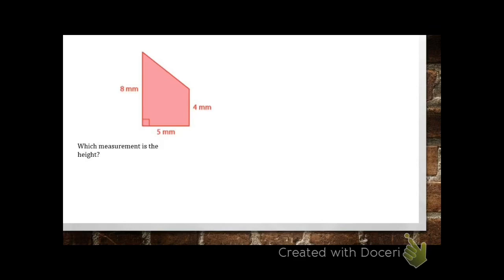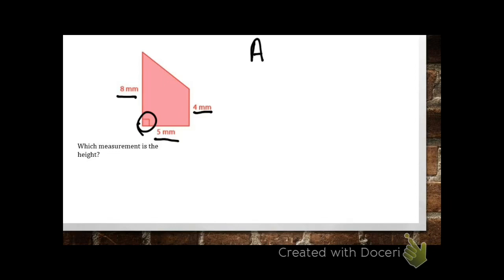They're both connected to that right angle. Which one do you think is the height? If you chose 5, you are correct, because this is base 1 and this is base 2. Or you could say this is base 1 and this is base 2.